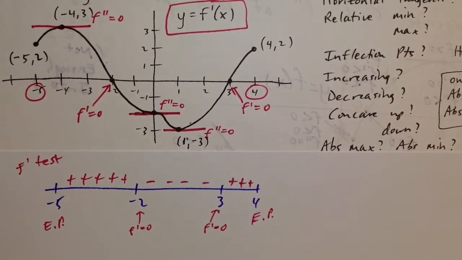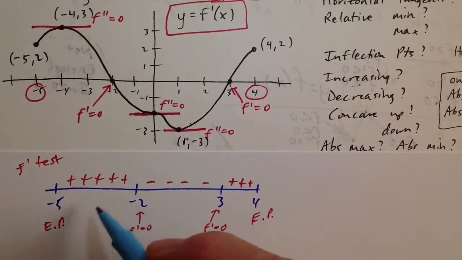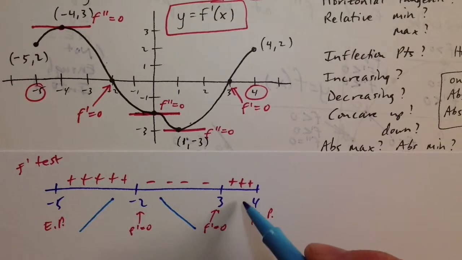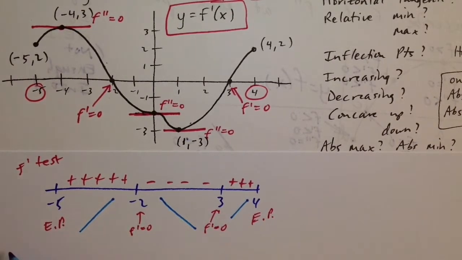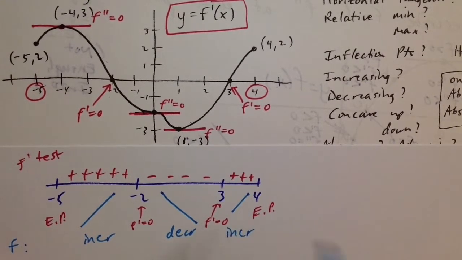What do we know about f? F is increasing from negative 5 to negative 2, decreasing from negative 2 to 3, and increasing from 3 to 4.